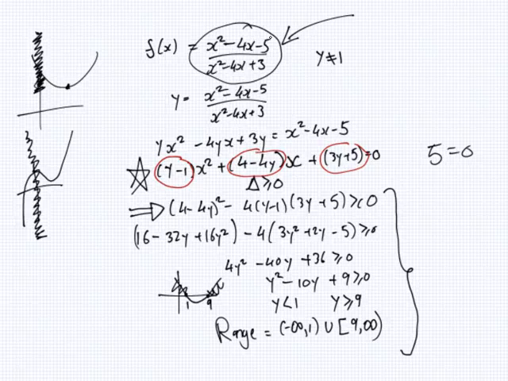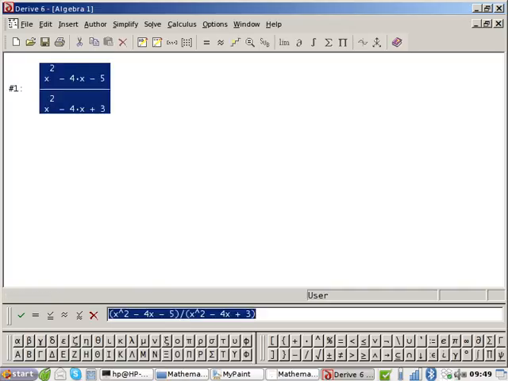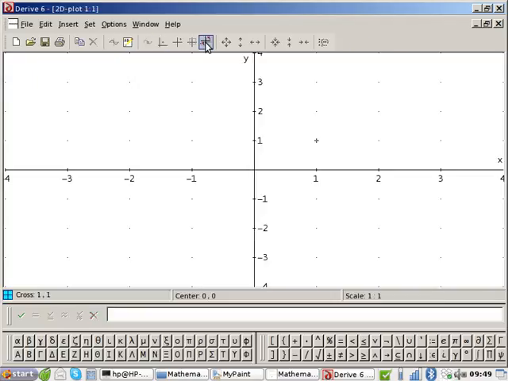You can see that in the answer. Okay. So what is on the top? Did you say x squared minus 4x minus y? Yep. And x squared minus 4x plus 3. Okay. Let me zoom out before I draw it.